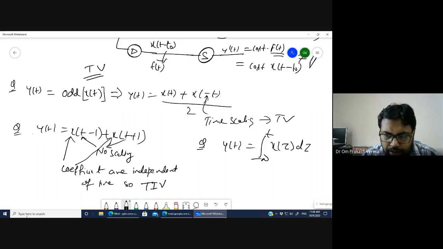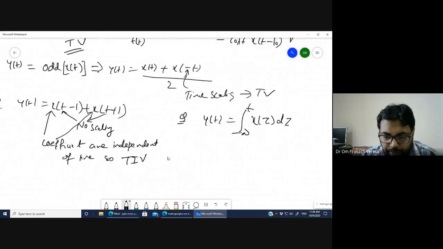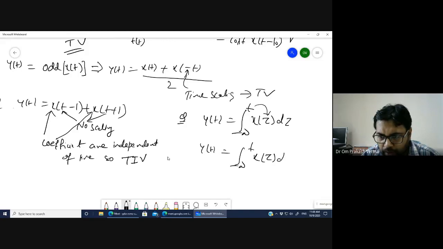Now what is your comment? When you put this t inside, y(t) equals integral from minus infinity to t of x(tau) d tau, it is a function of x(t). The coefficient of the function is time dependent.